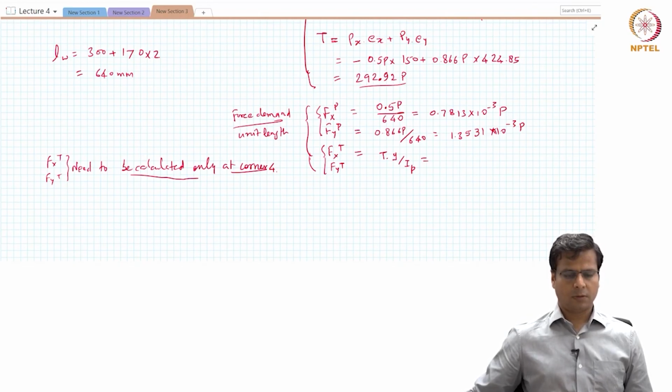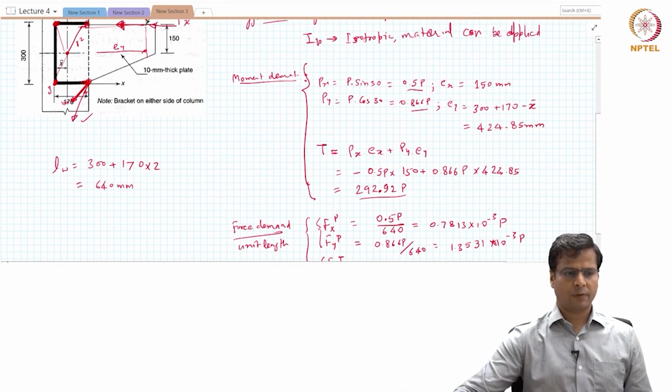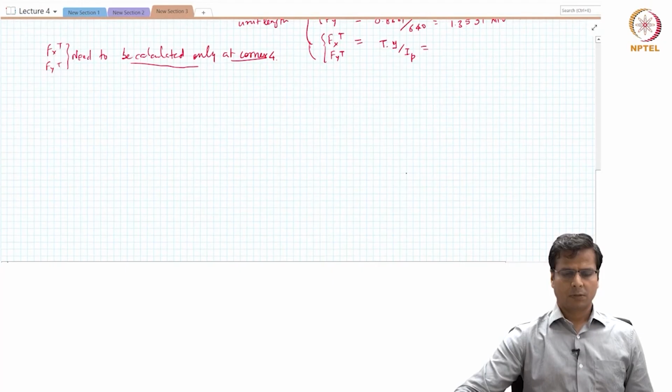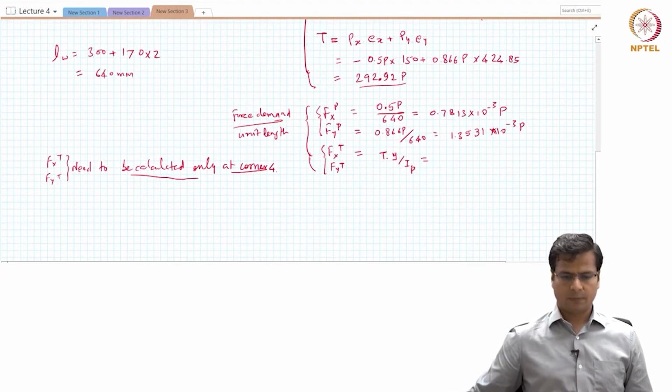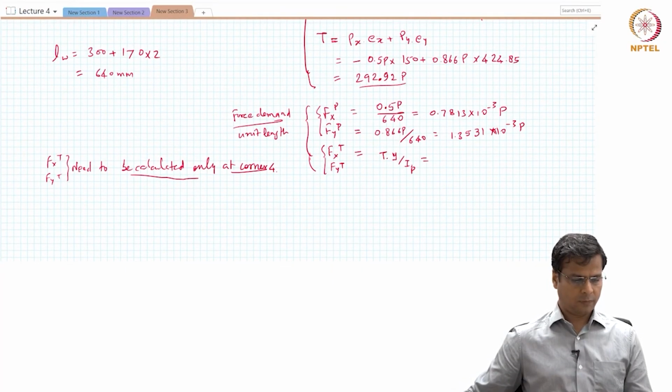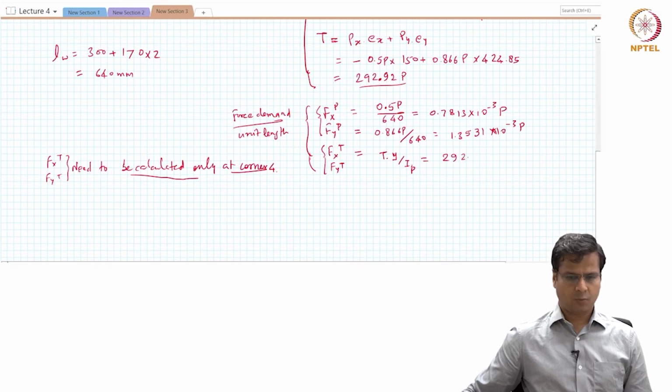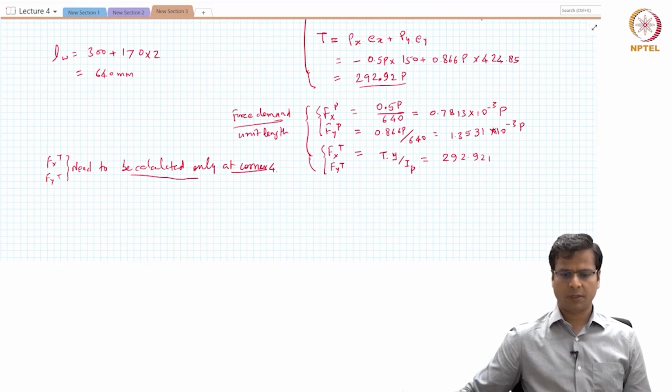Okay. So, why do we have to use y? Because we are talking about force in x direction. So, the moment will be, you have to multiply it with y. We substitute the values. The torque value, or the twisting moment value, was 292.92 P multiplied by y, which is 150 for that corner 4, right?